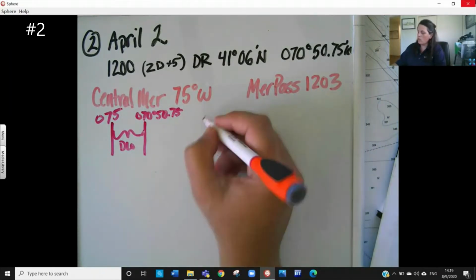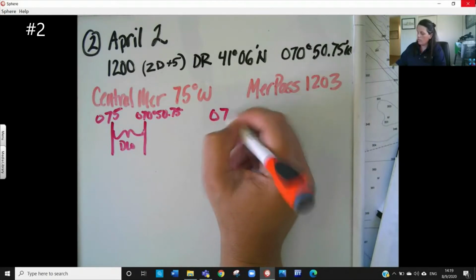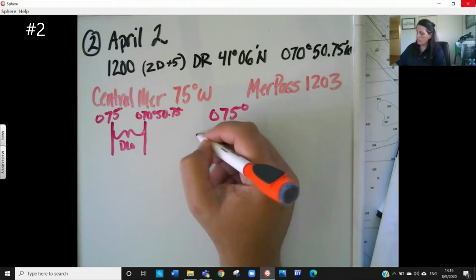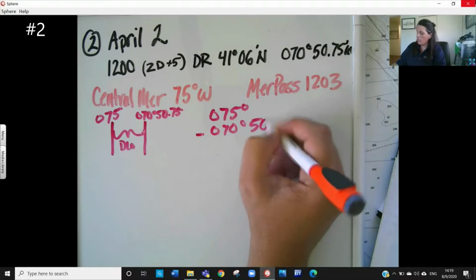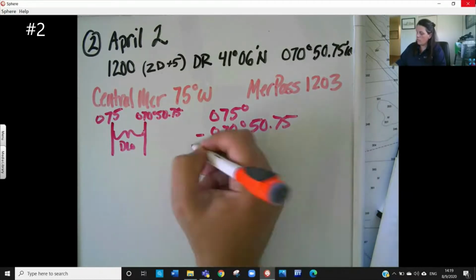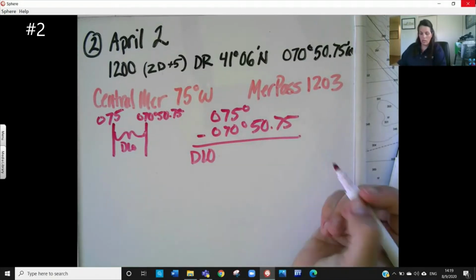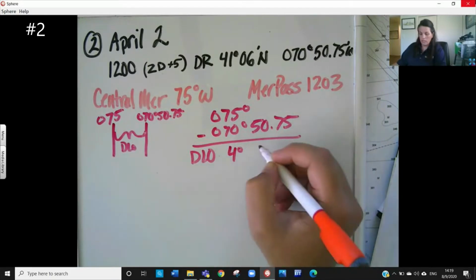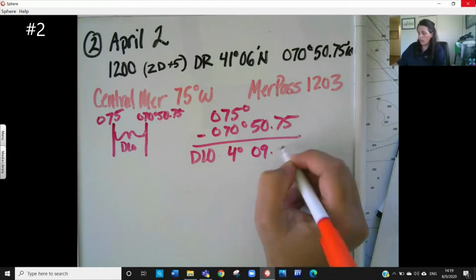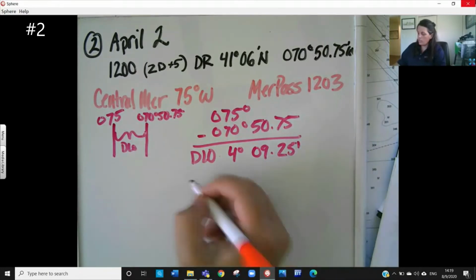So 75 degrees minus 70°50.75' gives us our DLO. Our DLO is going to be 4 degrees 09.25 minutes. And now we need to convert that to time.